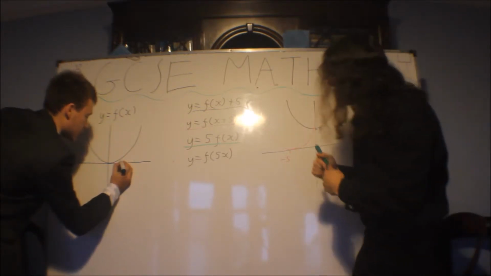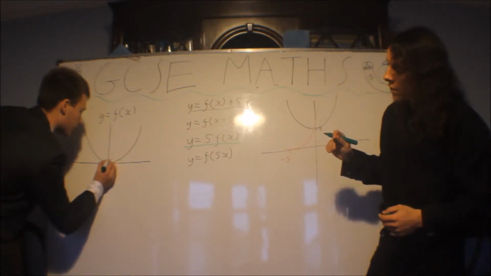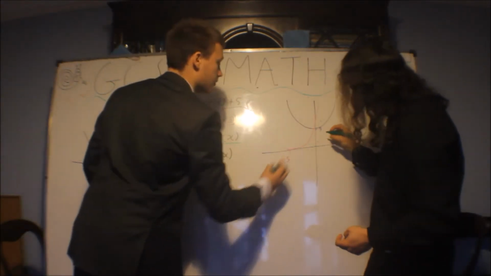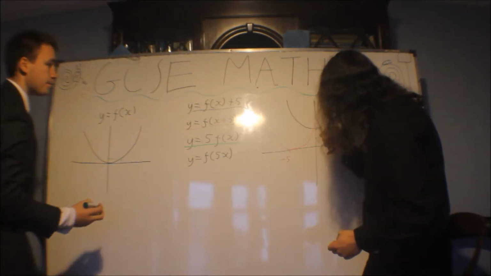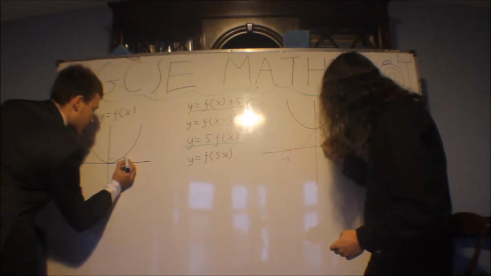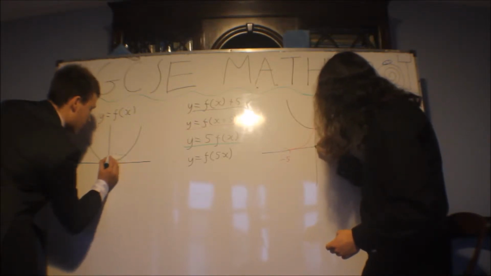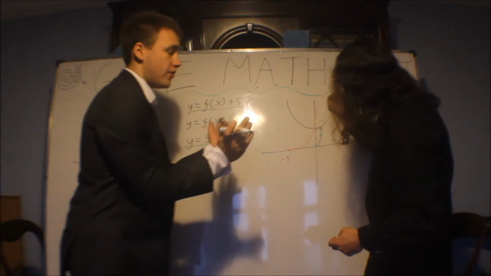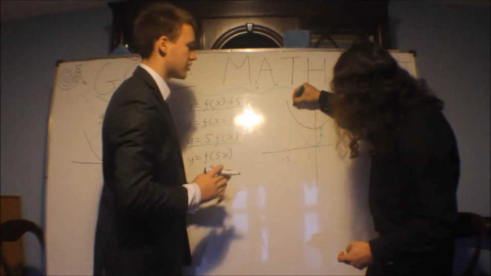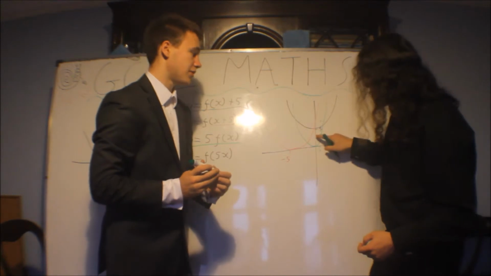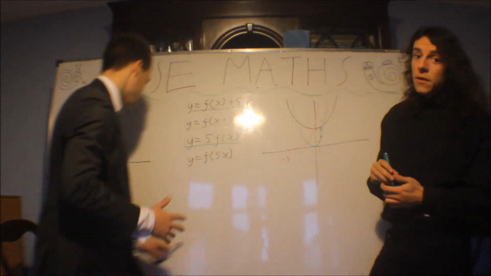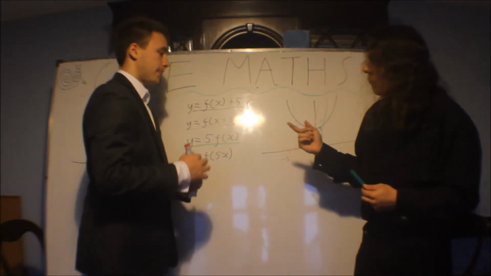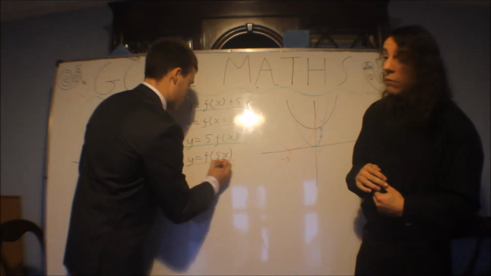If this value is 1 unit high along the x, here it's going to be 5. And then if 2 was here, that's now going to be 10, so it's going to have shot up a lot more. So it's going to be very, very steep, and it's going to do the same in the negative. It's going to just times everything by 5.